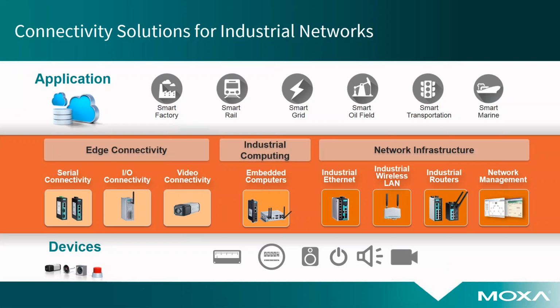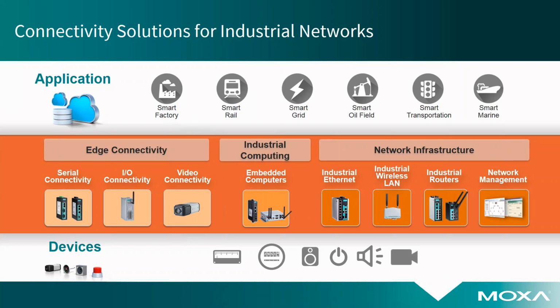From a product standpoint, we talked about edge connectivity, industrial computing, and network infrastructure. So the products we provide solutions in are serial connectivity, connecting legacy devices, industrial gateways, I/O connectivity, video. We have a line of embedded computers, both Linux and x86 based, as well as a full line of industrial Ethernet products, switches, routers, wireless, and network management.